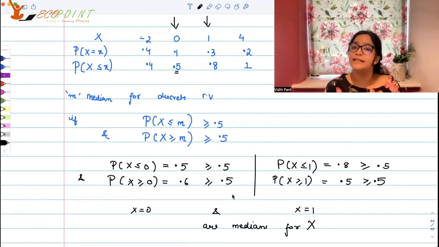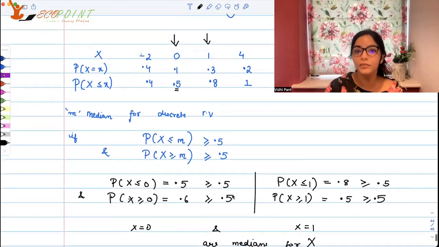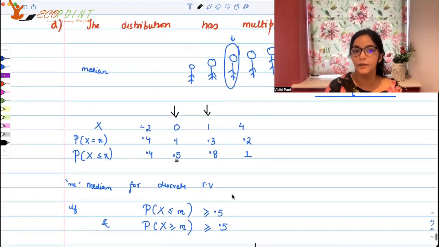Why? Because it's a discrete random variable taking discrete values. It takes the value 0 and after that it takes the value 1 only. So x is not taking any other value in between 0 and 1. So I can't say that there is some other value which is the median. So I'm going to say that x equal to 0 and x equal to 1 both are medians. So yes, we do have multiple medians here.